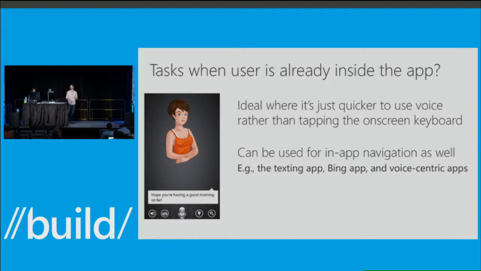It might be usable for some in-app navigation, depending on what kind of app you have. Really great examples of in-app speech are texting and the Bing app, and some of the voice-centric apps as well. You'll find there's a Wikipedia app, and I know Newegg offers this, and a couple of other apps where it's just easier to press the mic and then say what you want to input.